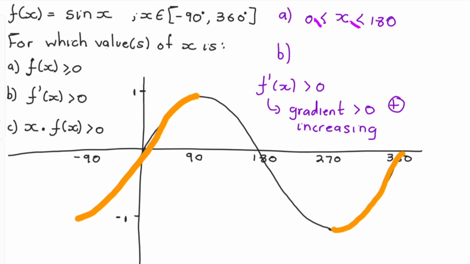So our answer would be between minus 90 and 90. So it is when x is greater than minus 90 but less than 90, or it is when x is greater than 270 but less than 360.